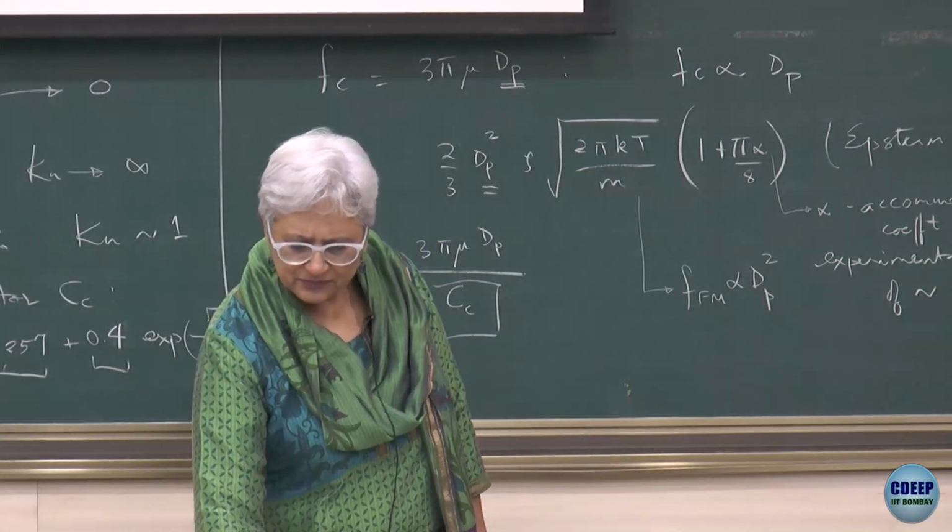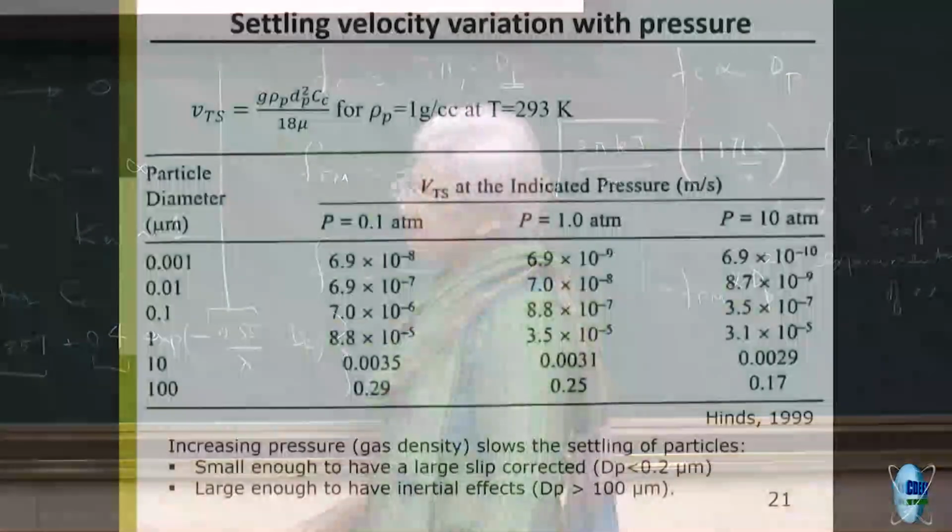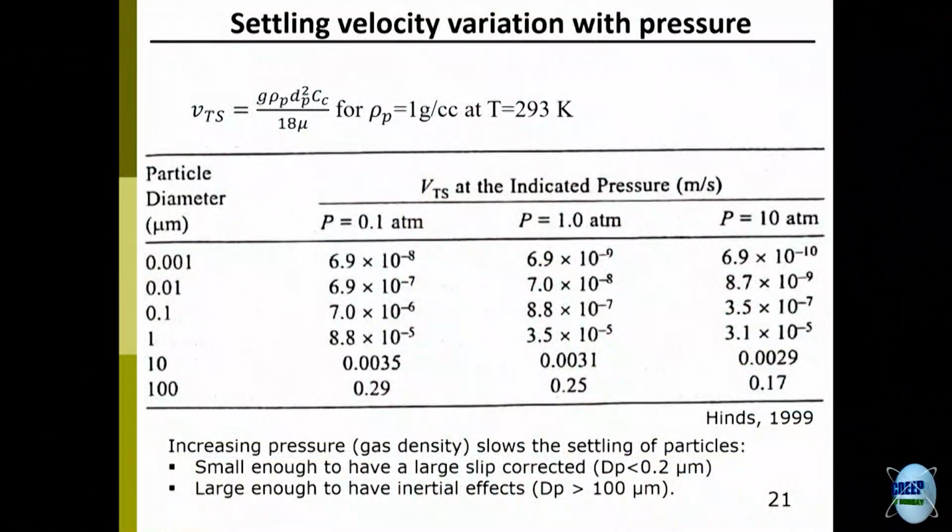And I think some more over here, really just talking about the fact that it varies as a function of particle diameter, but will also vary as a function of pressure because of the pressure influence on the mean free path.